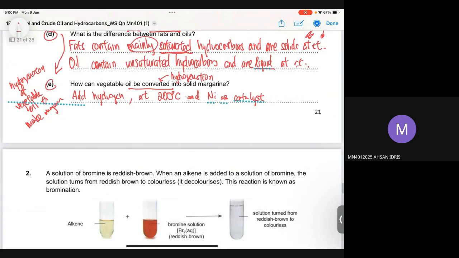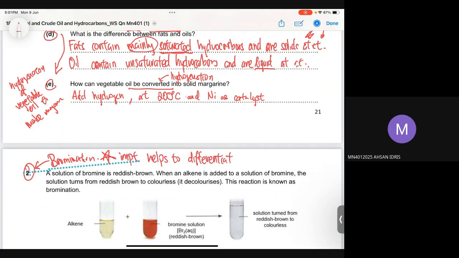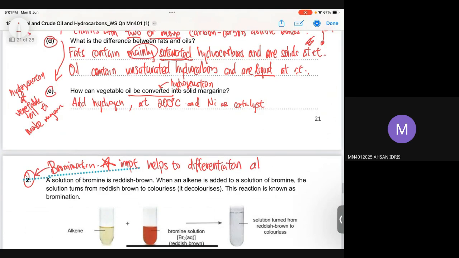Next one, we're going to look at this question here. We're going to look at bromination. Okay, bromination, can you please put a star here? This is important because it helps to differentiate alkenes and alkanes experimentally.